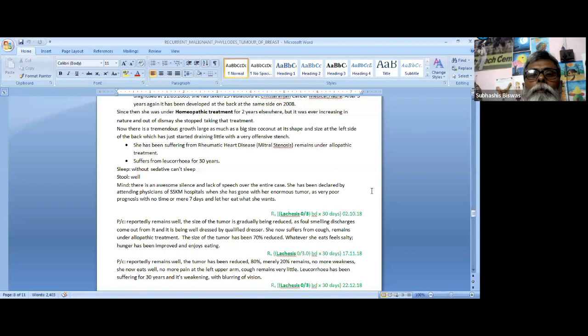There it is clearly written that Lachesis had that intensity, that much vitality. And we usually know that Lachesis is very much talkative, but in this case there is an awesome silence. Why?